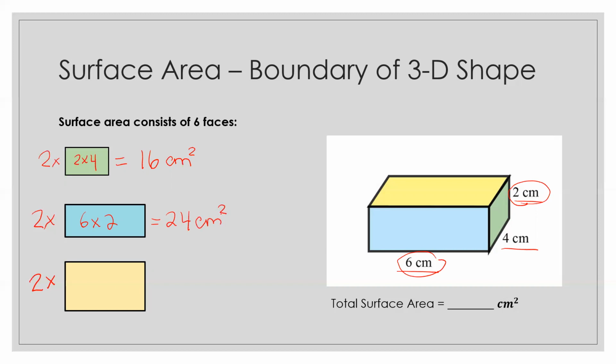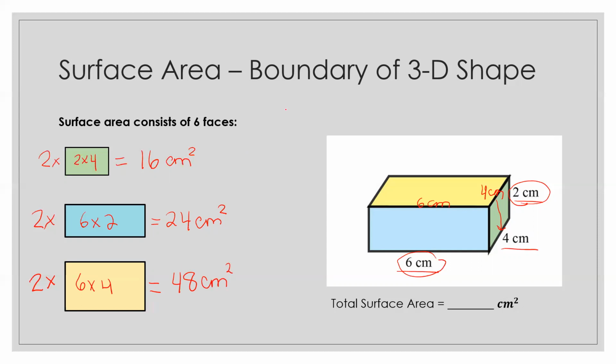And then the yellow face would be this length right here, that's 6 centimeters, by this length right here, and that is 4 centimeters, same as this one. So this is 6 by 4, and there are 2 of them. 6 times 4 is 24. 24 times 2 is 48 centimeters square, right?